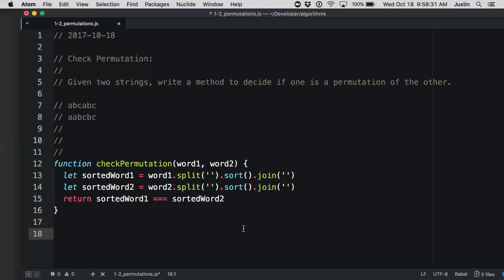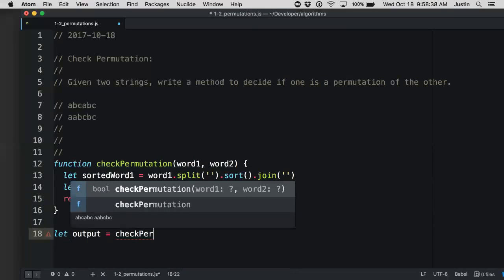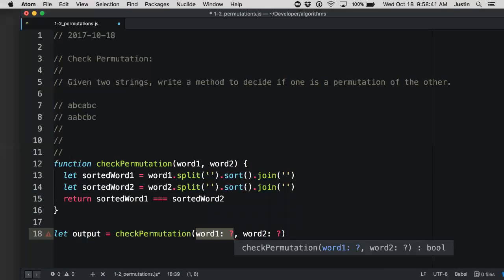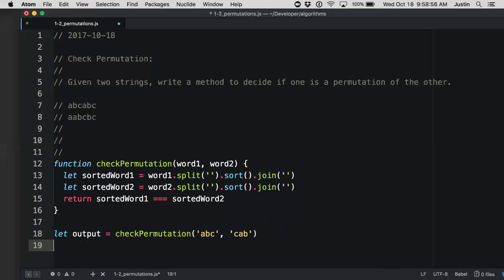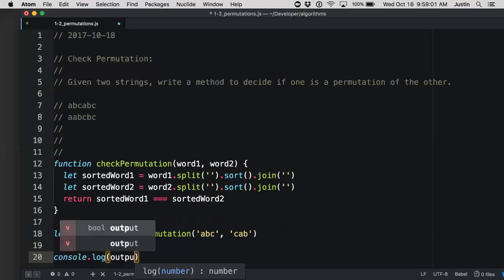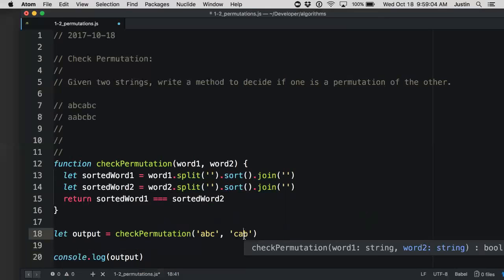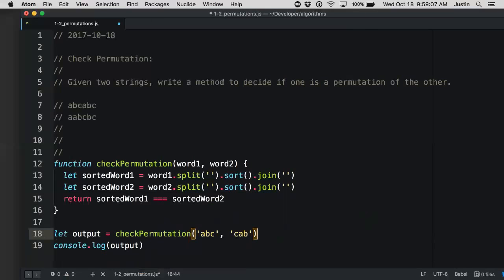Should we write a couple test cases for this? Okay, so let's say let output equals check permutation, with ABC. So this should be true. Okay, how do I run this?